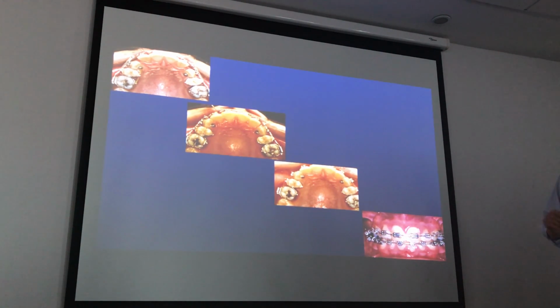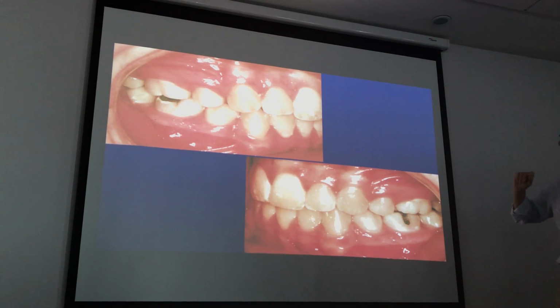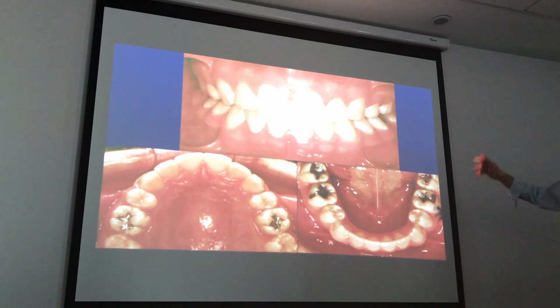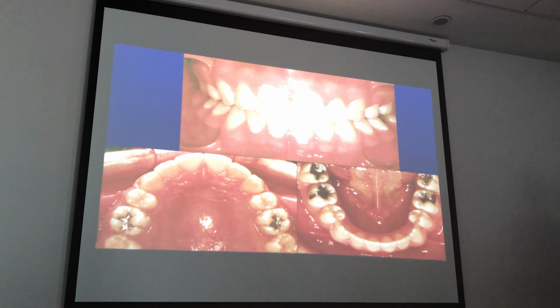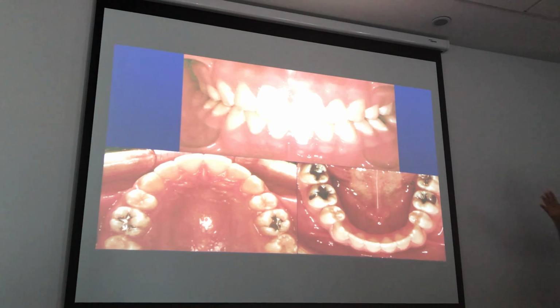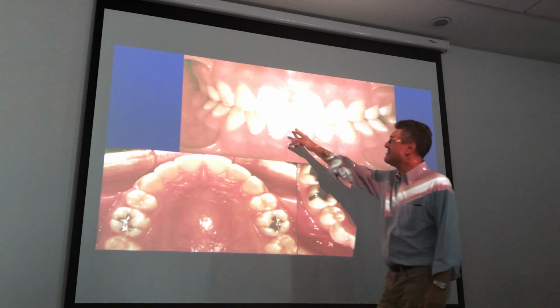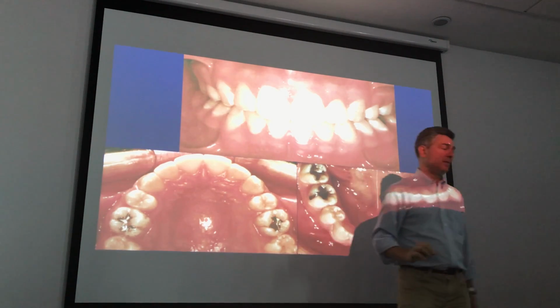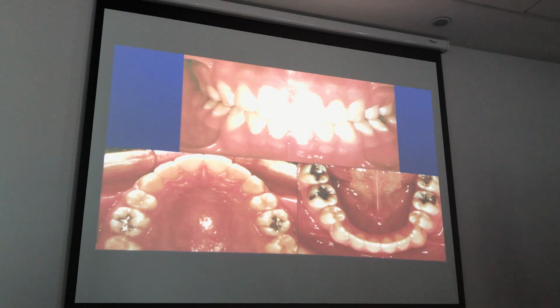But again, always control and check what the anchorage condition is. If you know the anchorage condition, you can finish it. This is not perfect, because maybe there's a slight deviation of the midline. But still, every single time, control the anchorage condition.